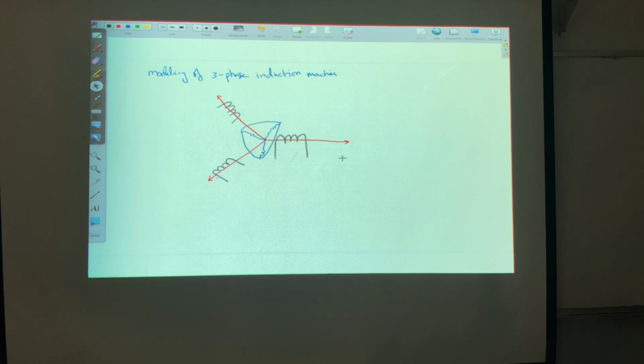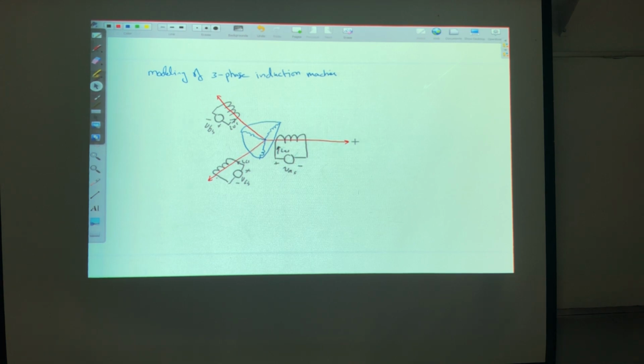Now let's assume that I will energize the stator. So this will be plus minus VAS. A current will flow here, IAS. The same thing here. Let's assume that I will energize the coil by plus minus VBS. A current will flow, IBS, and the same thing for phase C. So plus minus VCS, and this will be the ICS.